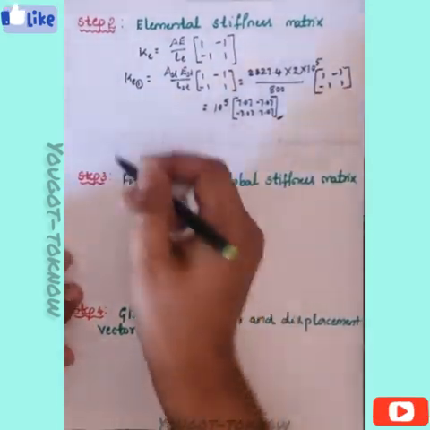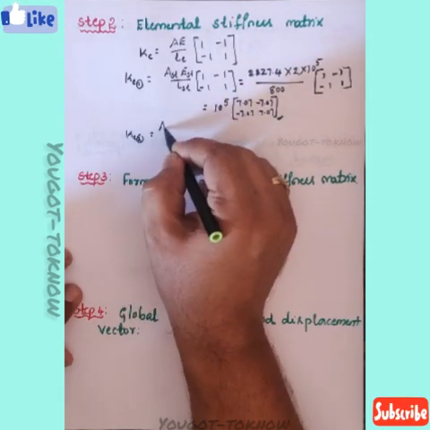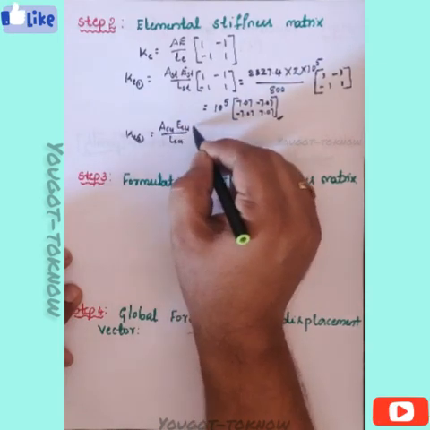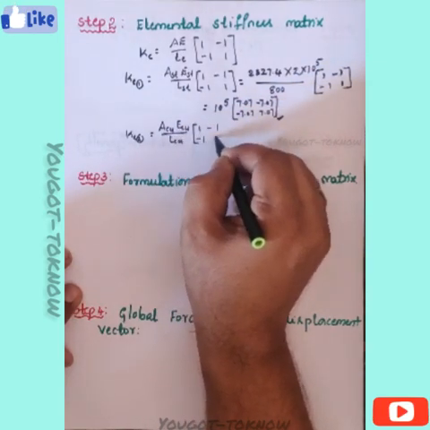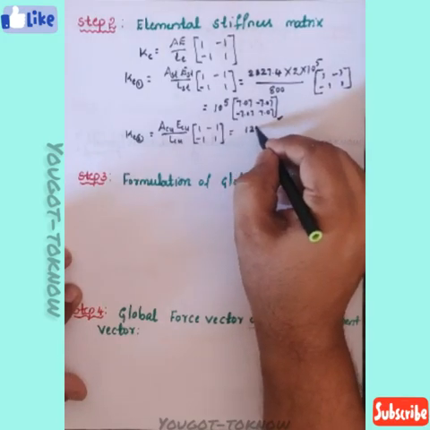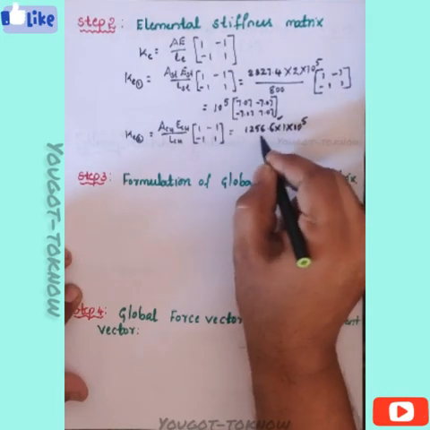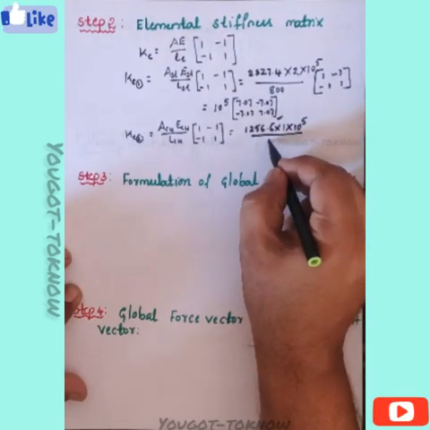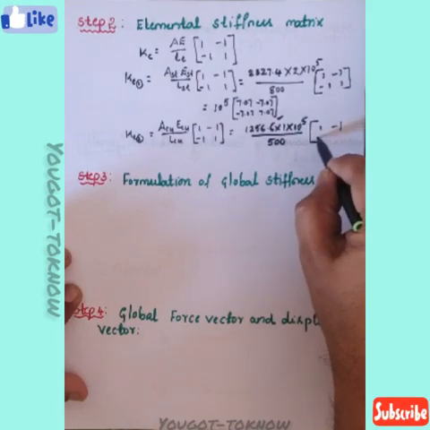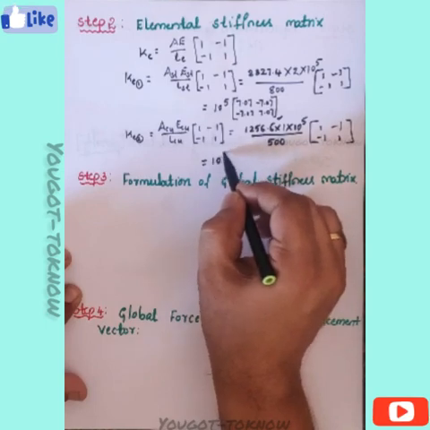Now after this, repeat the same step for calculating the second element, which is made up of copper. I am directly writing A copper, E copper, and the length of the copper, with the matrix 1 minus 1 minus 1 1. What is A copper given? 1256.6. Young's modulus is 1 into 10 power 5, and the length of the element is around 500 mm. Then 1 minus 1 minus 1 1, with 10 power 5 common.